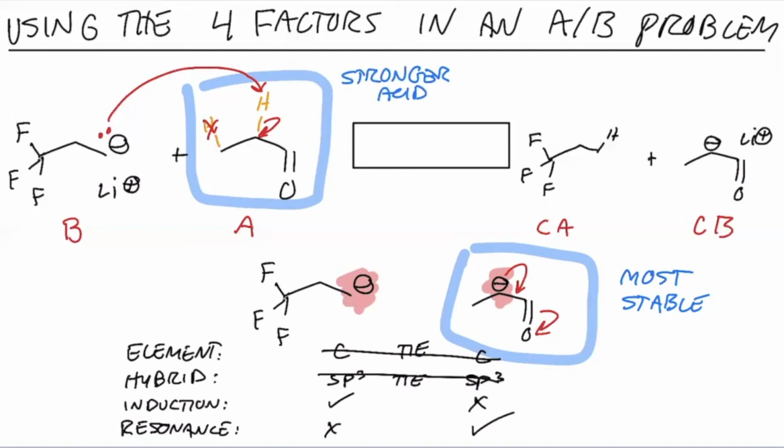If we look at this acid over here, that hydrogen is fine there, but there's not really anything stabilizing it that much for it to come off. We have just a little bit of induction, but it's not a lot. So our stronger acid is going to make the most stable conjugate base, and we want to direct this reaction away from the stronger acid and toward the most stable base.